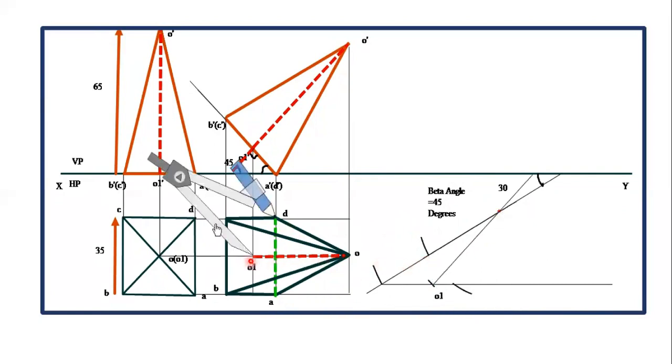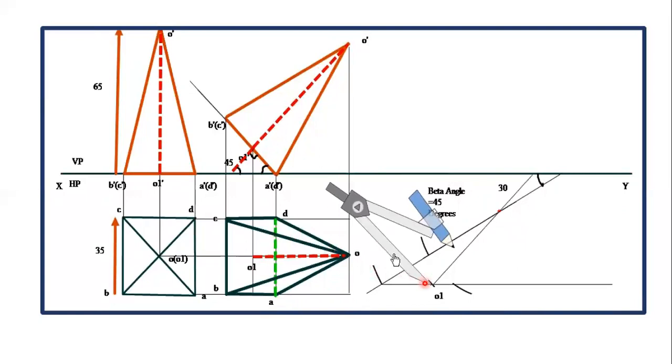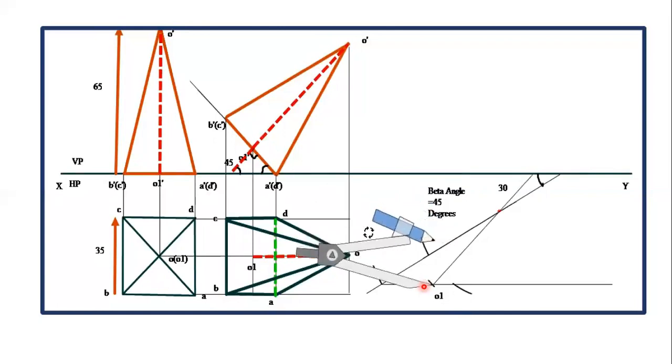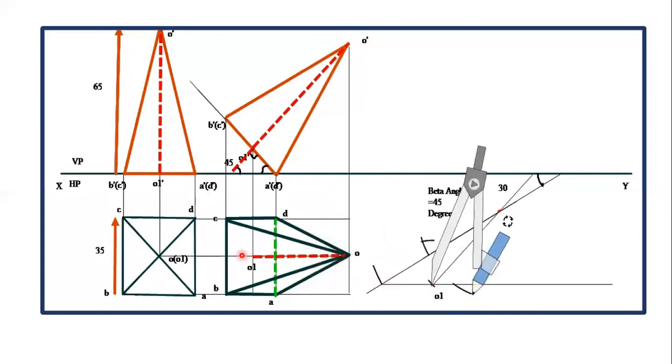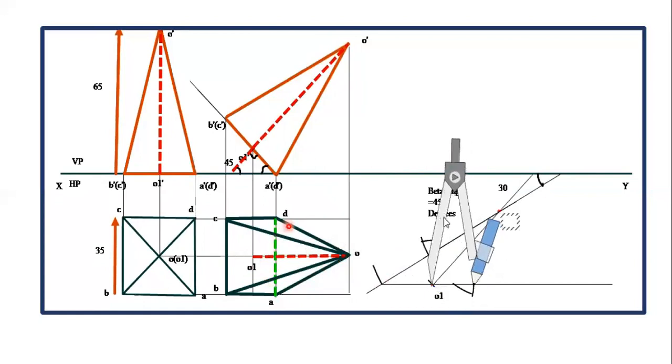Now take the distance from O1 to D with O1 as the center. Cut an arc. Cut on the other side, since O1 to A is the same as O1 to D.